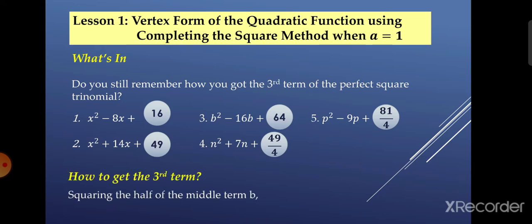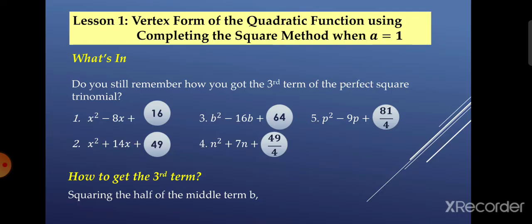How do we get the third term of the perfect square trinomial based on the lessons in module 1? We square the half of the middle term b. So there are only two terms. The first term is represented by ax squared. The second term or the middle term is represented by bx.